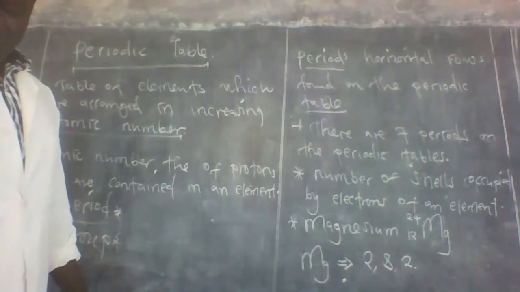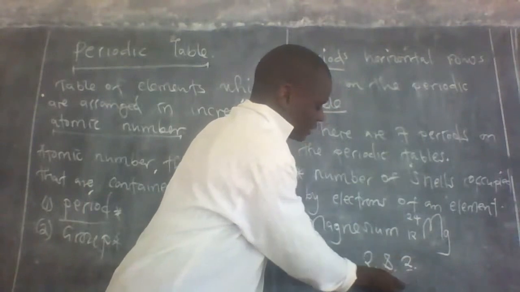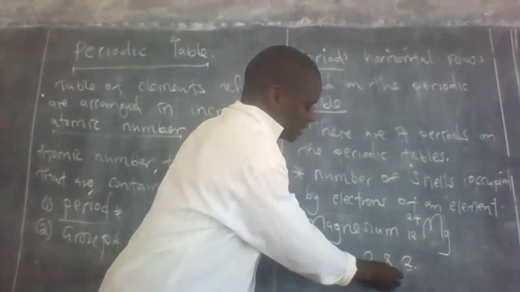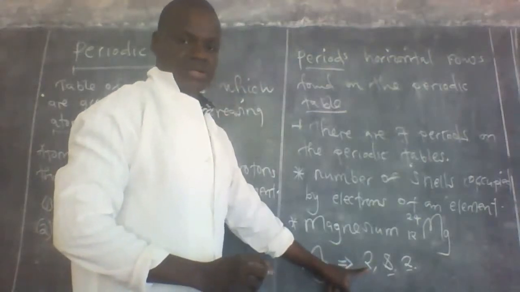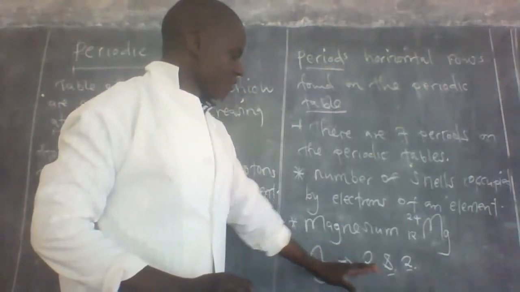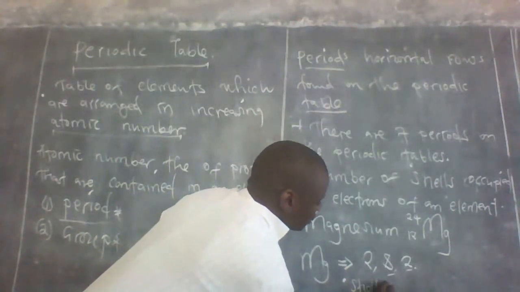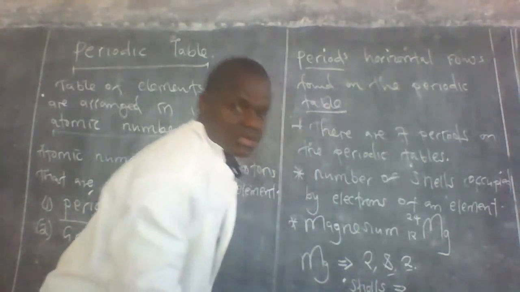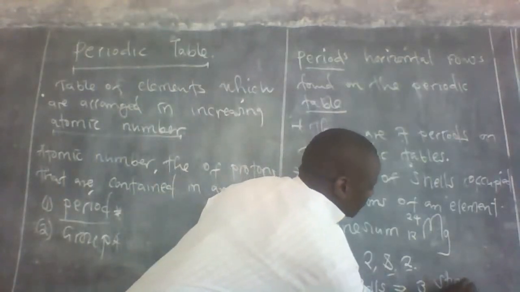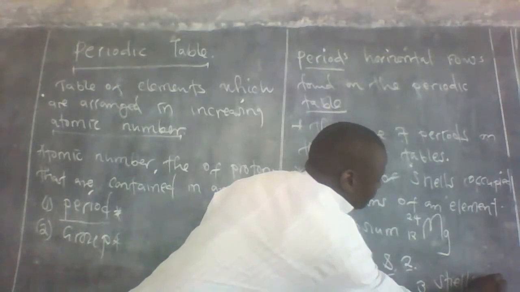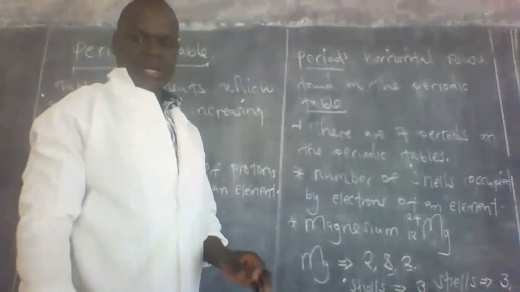So the last shell has 2 electrons, the middle shell has 8, then the first one has 2. So if you count how many shells are occupied by electrons, you find that there are 3 shells. Therefore, magnesium is in period 3.